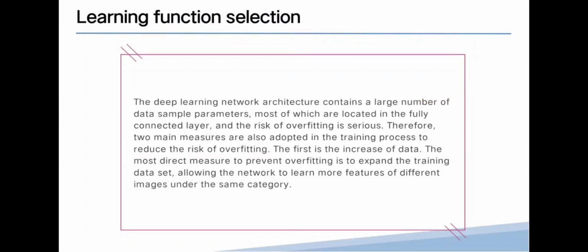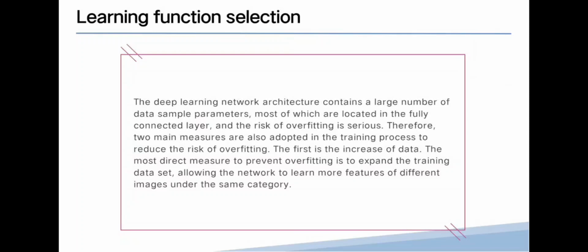So, the deep learning network architecture contains a large number of data table parameters, most of which are located in the fully connected layer, and the risk of overfitting is serious.